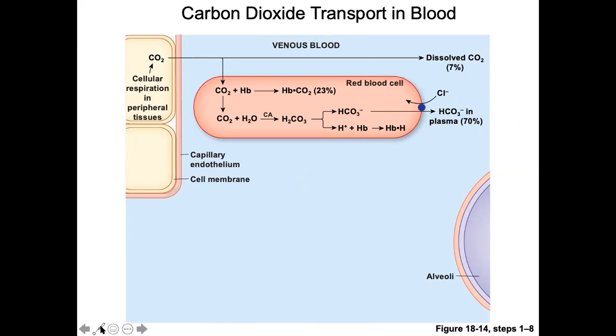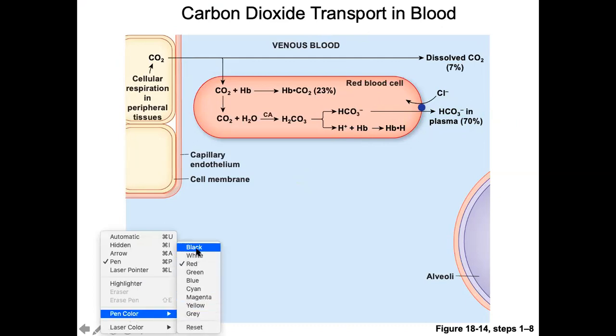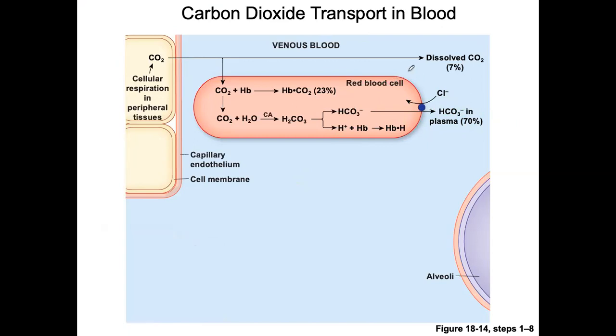So let me change this to pen. Let's do black. Okay, so this bicarbonate, it's a buffer, right? So what does a buffer do? Does a buffer keep the pH at 7, or does it keep the pH neutral? Let me rephrase that. So is a buffer going to keep the pH at 7, or is it going to keep the pH of the solution, whatever pH it is?